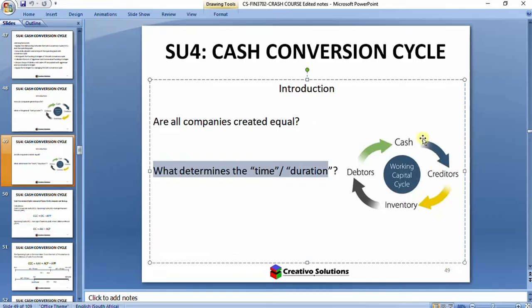APP would be the time that we take, in other words, using our cash and paying those creditors. Right, and then you also get things like inventory turnover or the average age of inventory, and that would be looking at how quickly or slowly you sell your stock. Right, so there's a lot of different measures that can be used to indicate the amount of time or duration that's needed in order to complete that cycle.